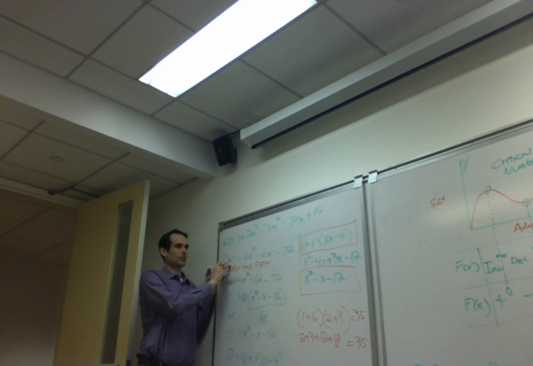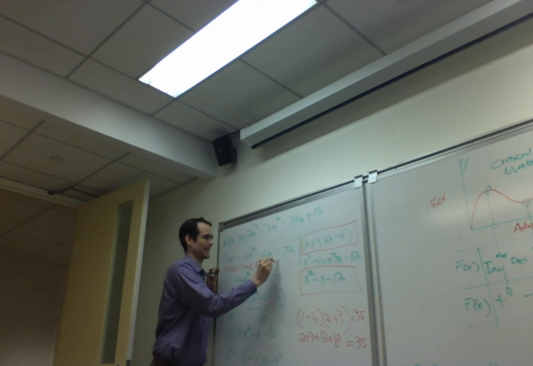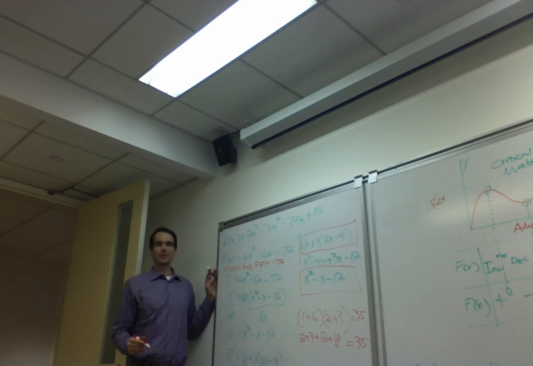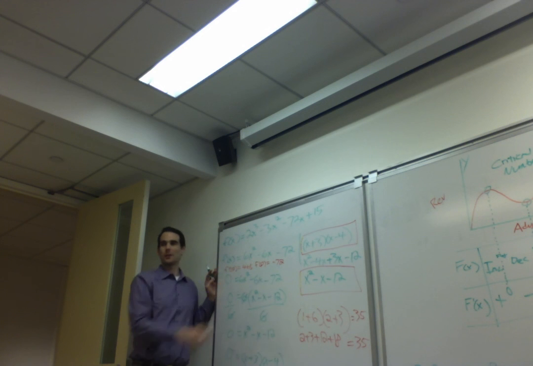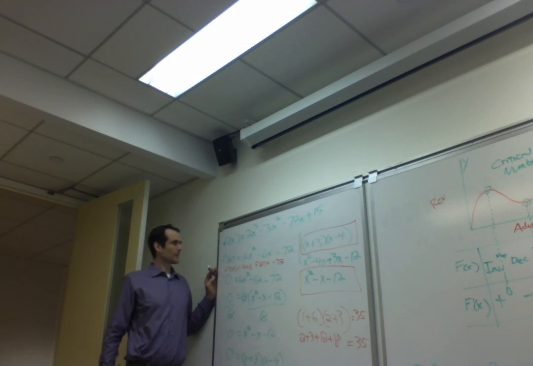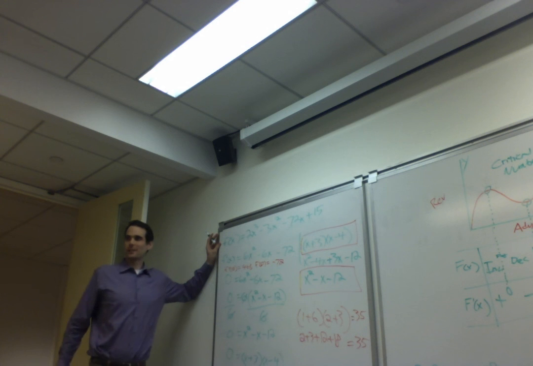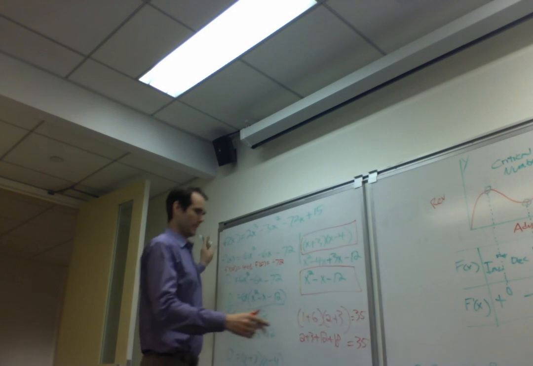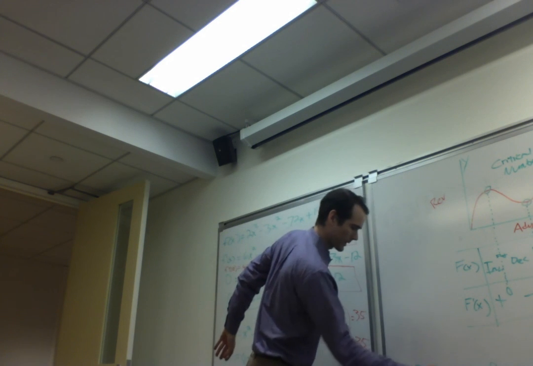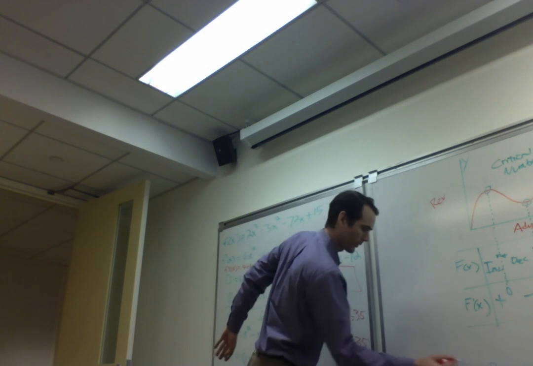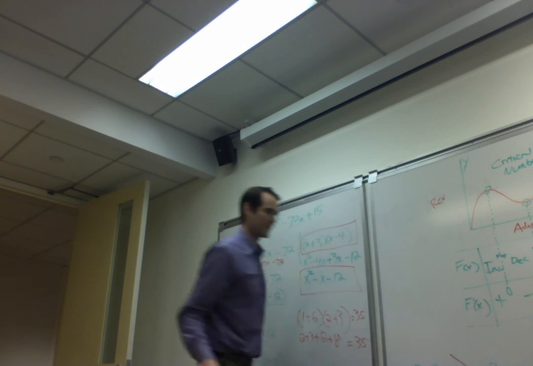What do I get when I put 0 into f prime of x here? Negative 72, exactly. So f prime of 0 is negative 72. The slope at point 0 is negative 72, so the actual function, is it increasing or decreasing? It's decreasing. So on the interval from -3 to 4, we know this function is decreasing.